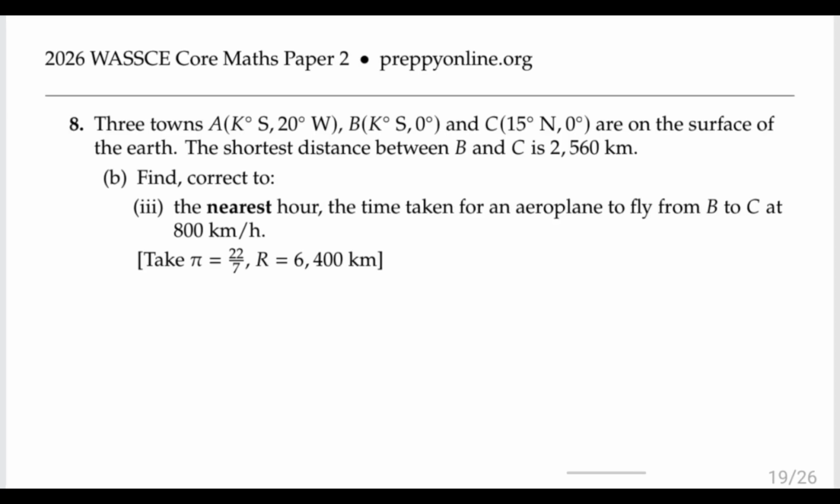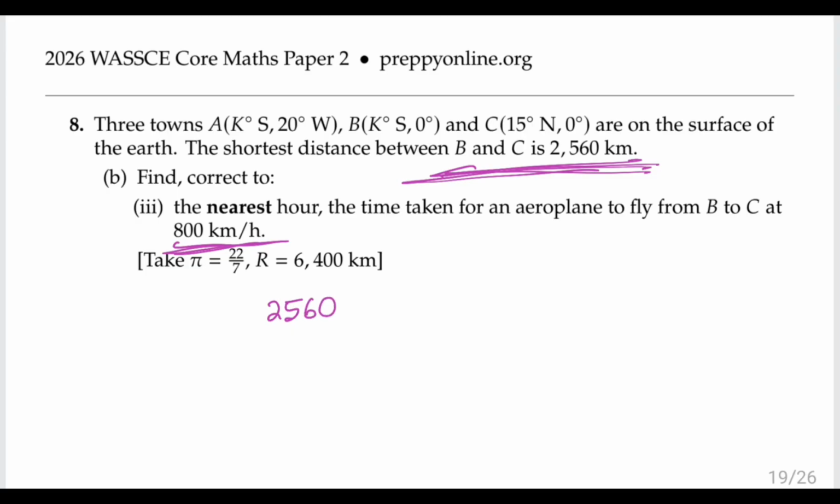All right. So the next question is B(iii). We are supposed to find, to the nearest hour, the time taken for an aeroplane to fly from B to C at 800 kilometers per hour. Now, we were given that the shortest distance between B and C is 2,560.